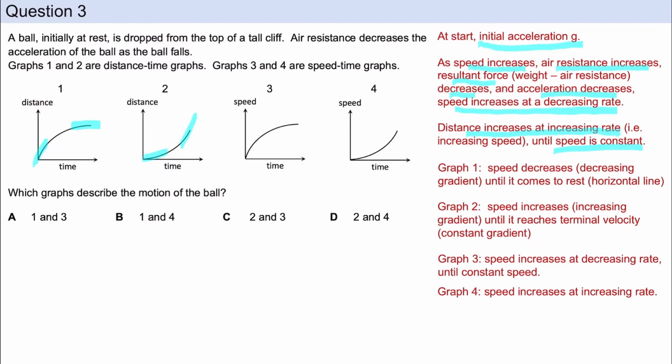Graph number 3, the speed increases, but at a slower rate until it becomes constant speed. In graph number 4, the speed again increases, but at a faster rate, and the speed just continues to increase. So in this question, the answer is graphs 2 and 3 represent the motion of the ball.